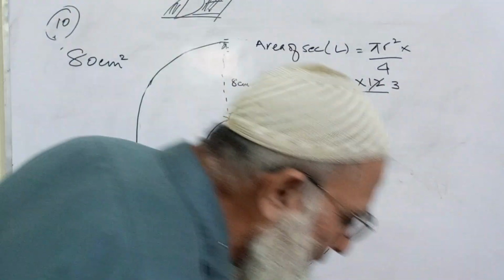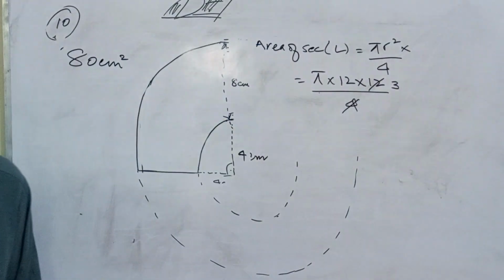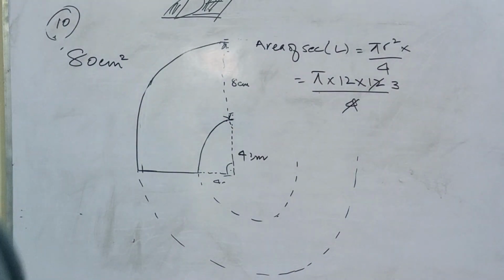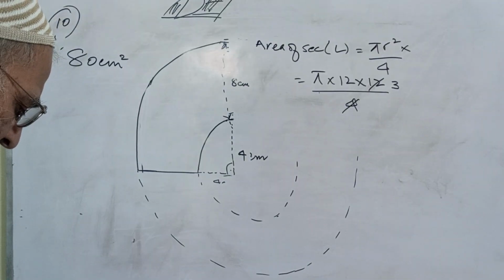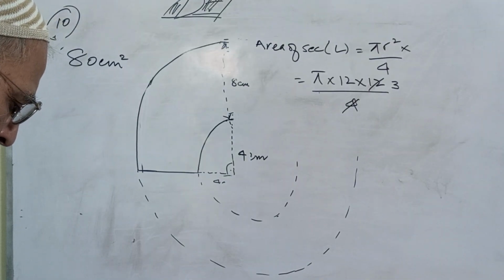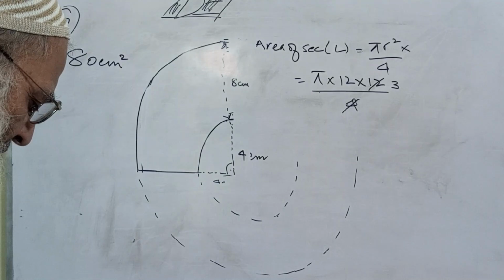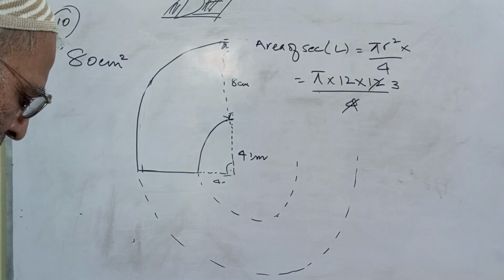Now, where is the calculator? So 3.14 multiplied by 36.